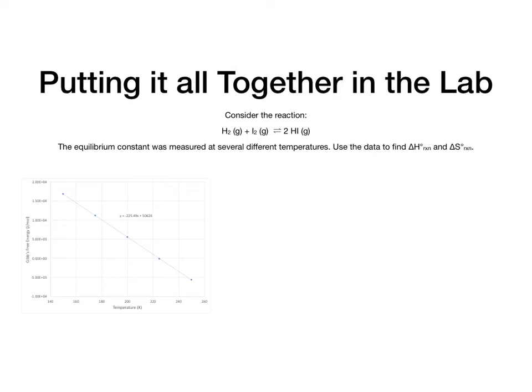So whenever I graph this data, I get the fit of the line as y equals negative 225.49x plus 50626. And so we remember that delta G equals delta H minus T delta S. And so delta H should map onto my intercept, which is going to be 50626.